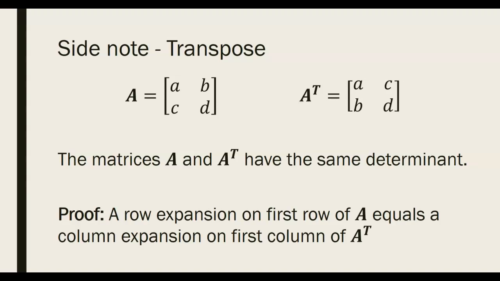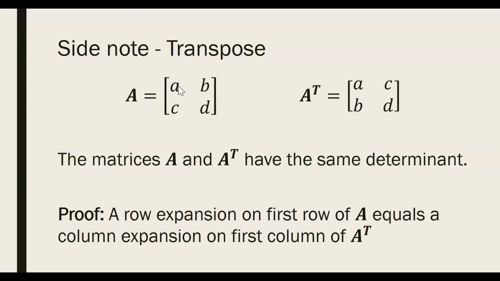And as sort of a side note, I just want to mention that the book goes to show you that a matrix A and a matrix A transpose will always have the same determinant. Now this is pretty obvious because think about what you would do to find the determinant of matrix A. In the 2 by 2 case, you go AD minus BC.